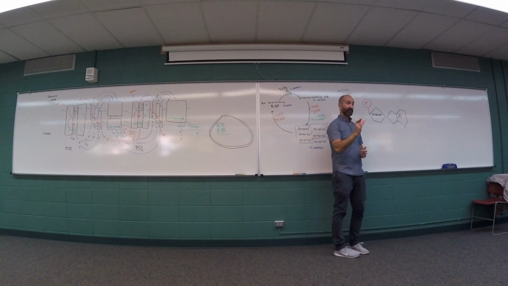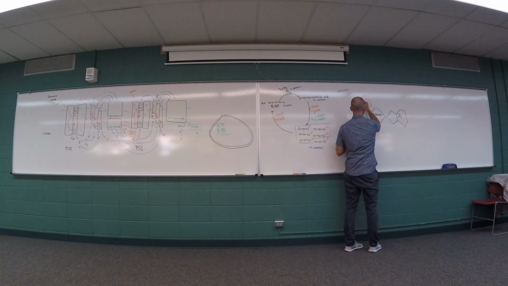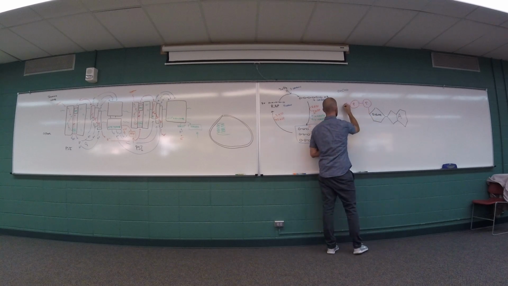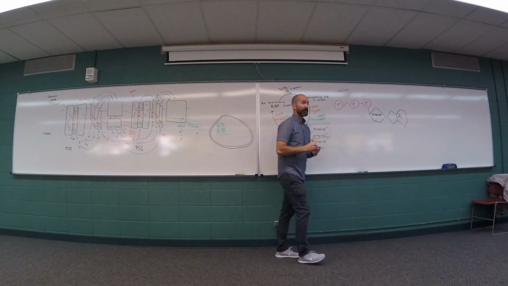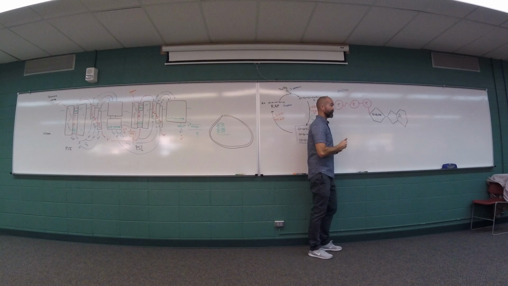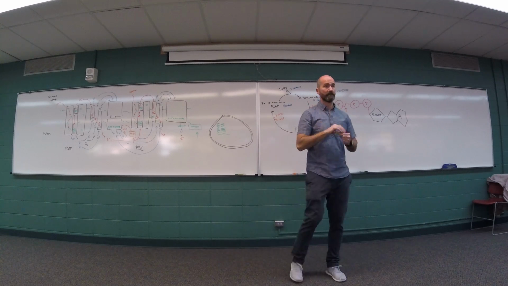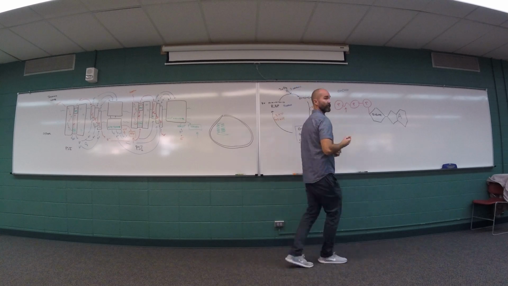It's a phosphate attached to a ribose and a nitrogenous base. But instead of just having one phosphate, we have 3 phosphates, like that. And I put a wavy line right here because this is very unstable and super high energy. Why is it unstable and super high energy?